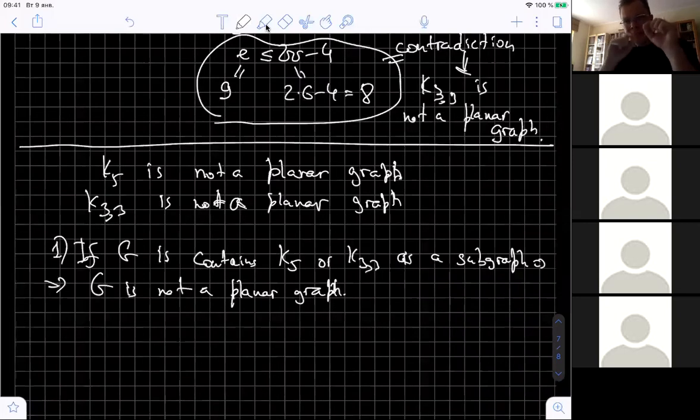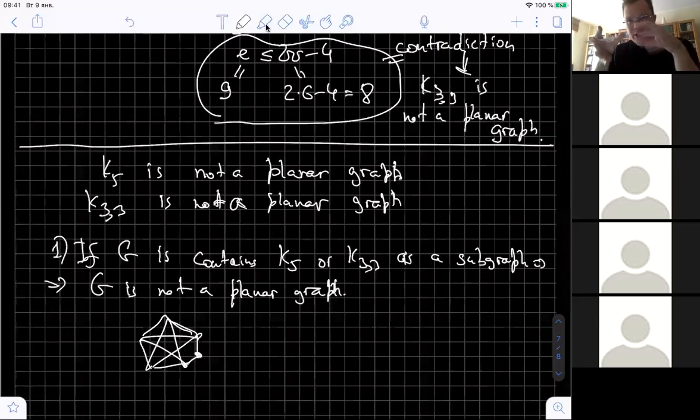So for example, if we take K5 and then we take an edge and add some new vertices in the middle of the edge, then this graph is also not a planar graph, because we can make these two edges as one. We can glue them together and obtain K5, and K5 is not planar. And so we have the theorem.